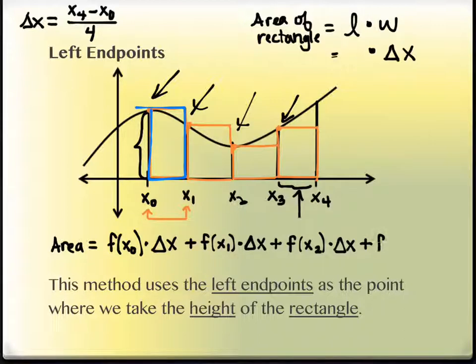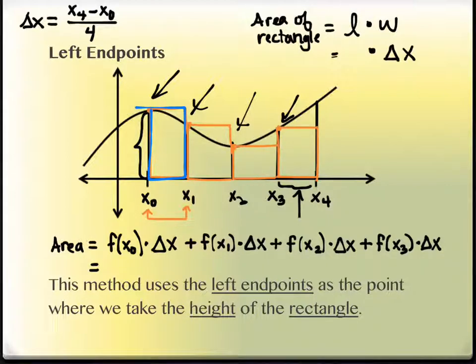F of x sub 3 times delta x. Okay. Notice there is no f of x sub 4 here, right? There isn't, because I didn't ever use that last determining value, that x sub 4 value, to actually give me any of the heights, right? It's part of the numbers in the display, it's part of my diagrams going on, but I'm not using it for any particular heights. All right, and what do you notice about every single term in this description? What do they have in them?